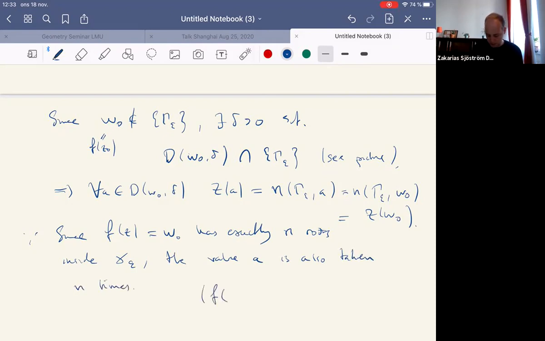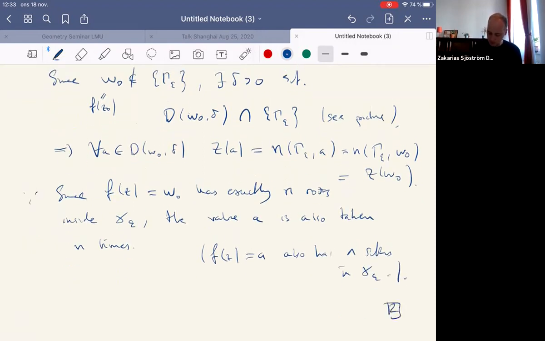So f of z equals A also has n solutions in gamma epsilon. And now we have proven this remarkable theorem.